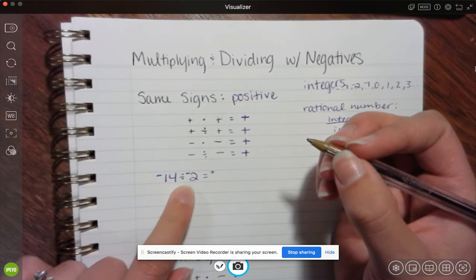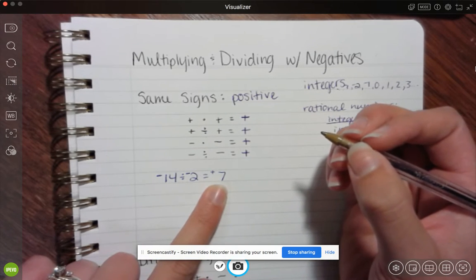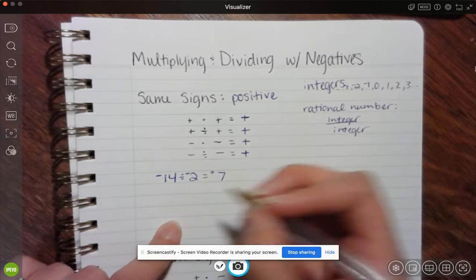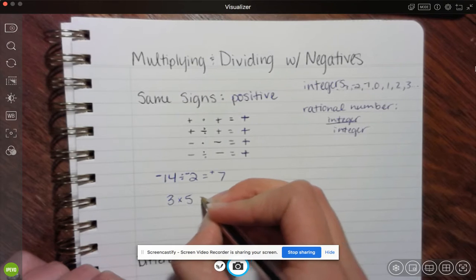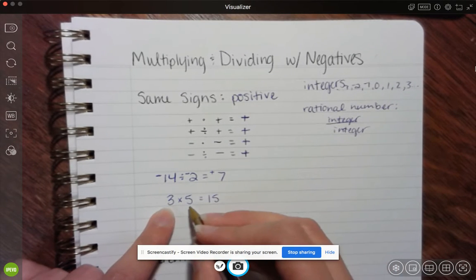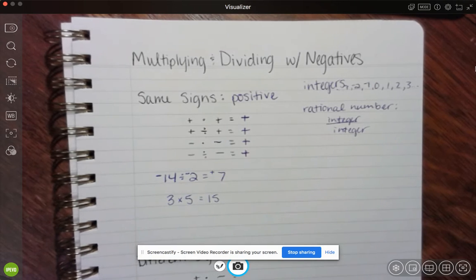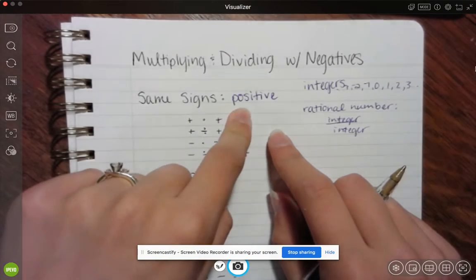And then I do 14 divided by 2, which is 7. So my answer would be positive 7. All right, what if I did 3 times 5? Well, that's 15, and it's a positive times positive, so it's a positive. All right, so just remember, when you have the same sign, your answer will be positive.